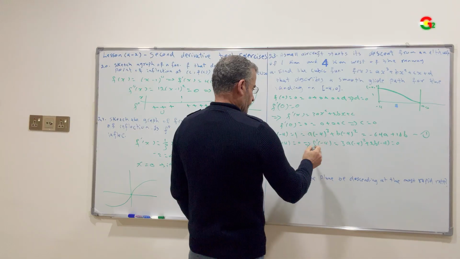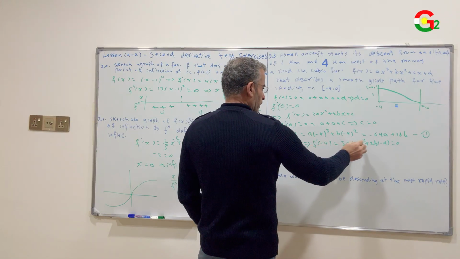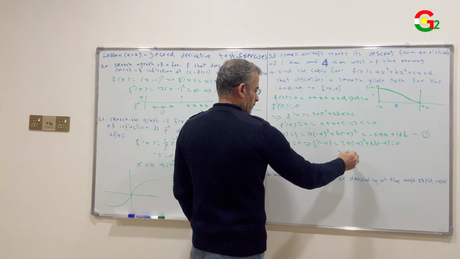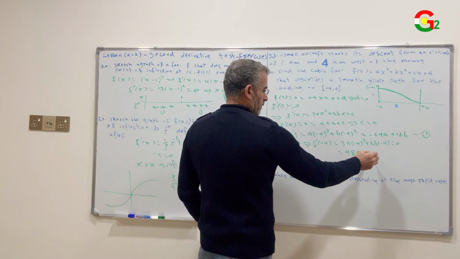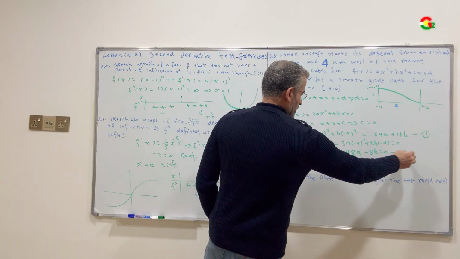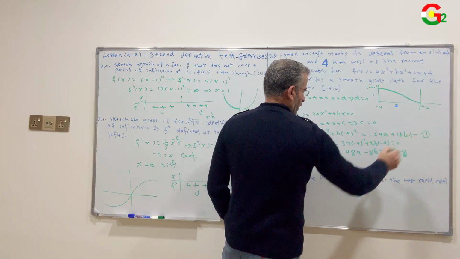Then negative 4 squared is 16, 16 times 3 is 48, so 48a minus 8b equals 0. This is equation 2.